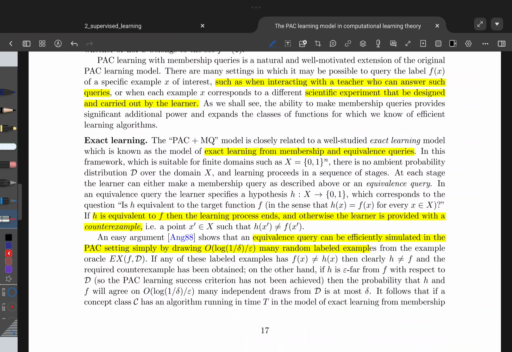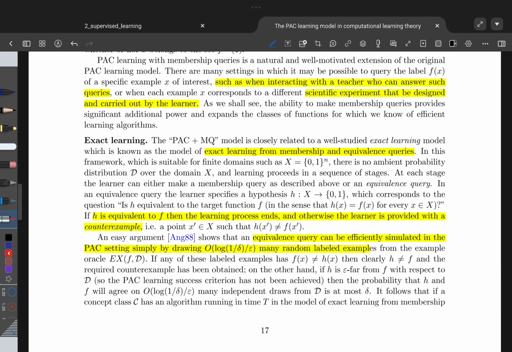You can also ask equivalence queries, wherein the learning algorithm is allowed to output some particular h and ask, is h equal to f? Or h is equivalent to f, and this oracle tells you yes or no.